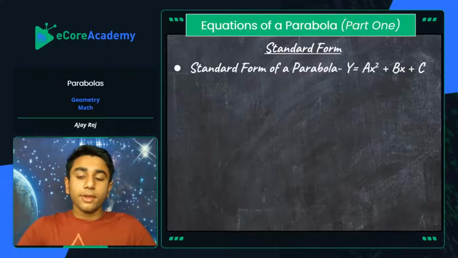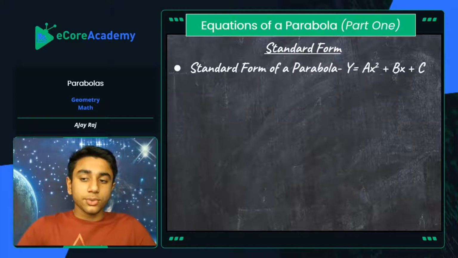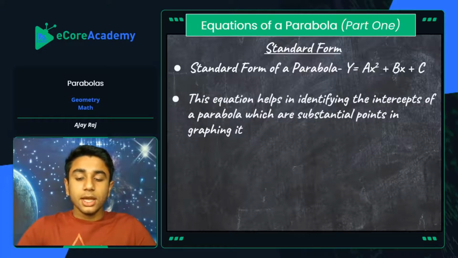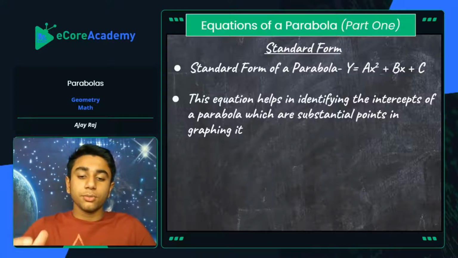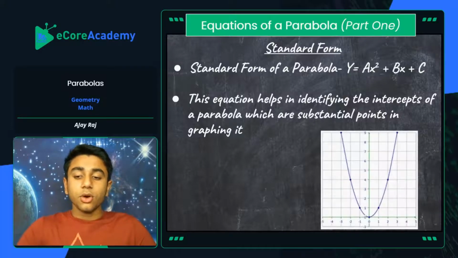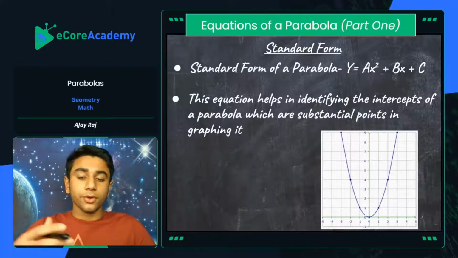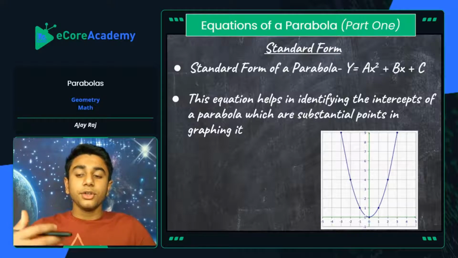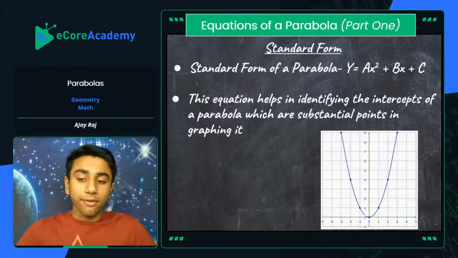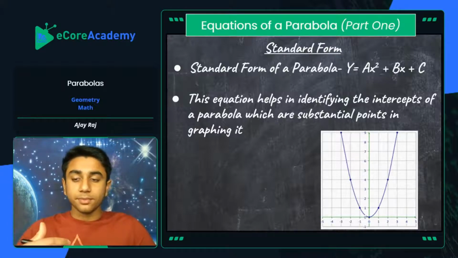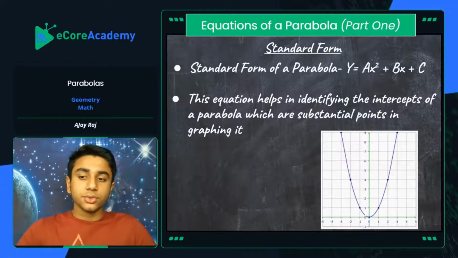So the standard form of a parabola is y equals ax squared plus bx plus c. And this equation helps in identifying the intercepts of a parabola, which are substantial points in graphing it. So overall, just as with your graphing form and your standard form for a circle, the standard form for a parabola makes it much easier to actually graph that given equation when you're given y equals ax squared plus bx plus c.